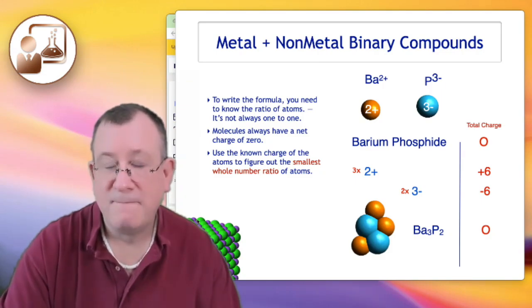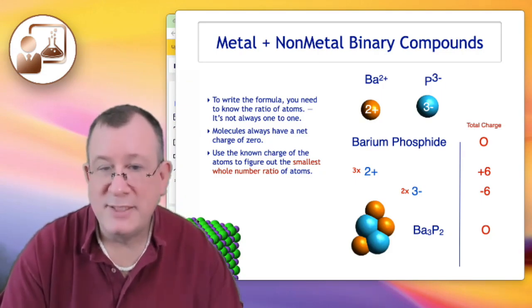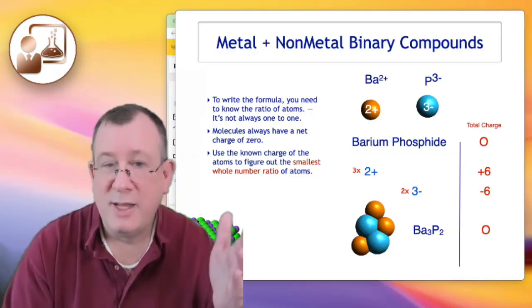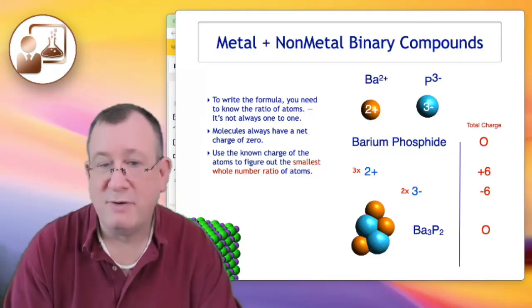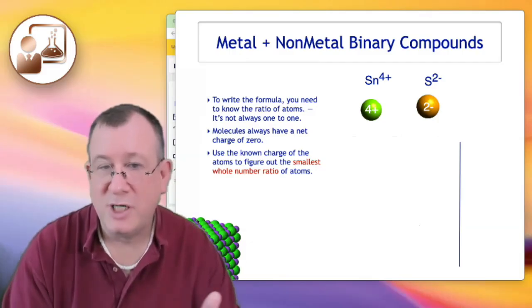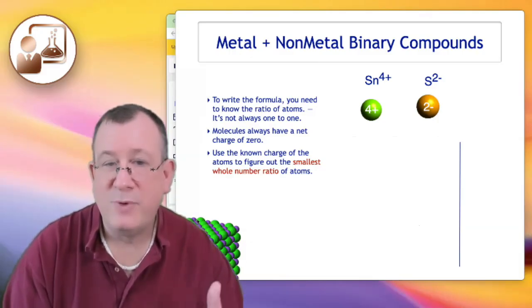Makes sense? And like I said, in this case, if I just took the charge of phosphorus and made it the subscript on barium, and the charge of barium and made it the subscript on phosphorus, it would work. Won't always work. Here's an example. Tin(IV) sulfide. If I just swap the charges for the subscripts, I'd end up with Sn2S4.